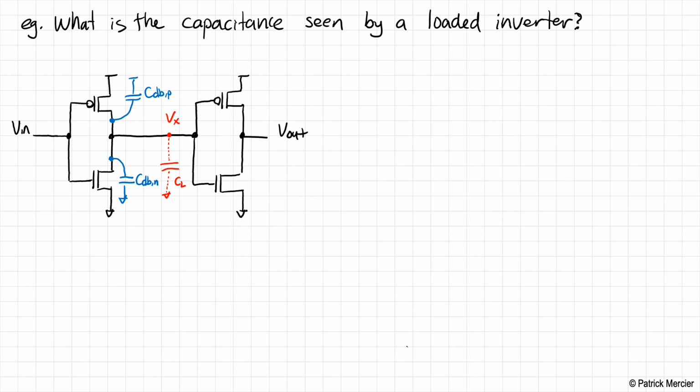So we have our CDBs. We also have, and those of you who do analog circuit design will groan when we talk about CGD, N for the NMOS transistor, and we have the same thing for our PMOS transistor, CGD, P. These CGDs always tend to introduce all sorts of problems in analog circuits.